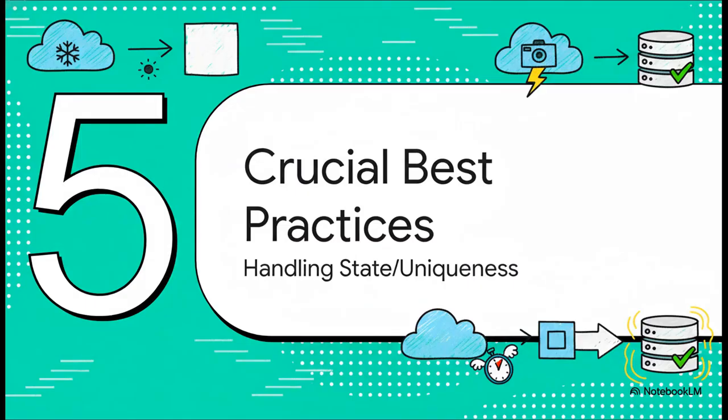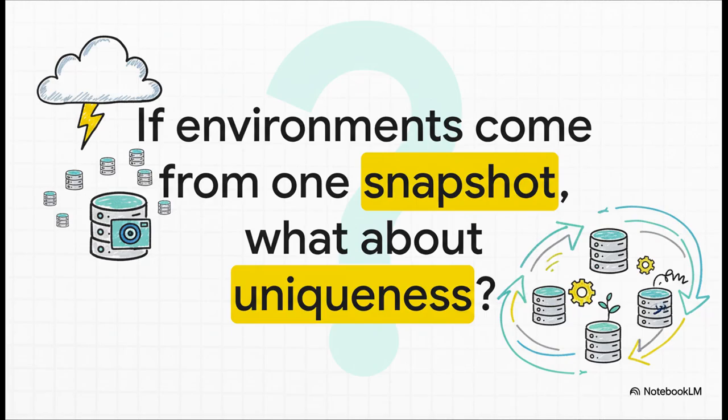Now, using SnapStart is simple, but the way it works, with this whole snapshot and resume thing, it introduces a new way of thinking, a critical consideration that you absolutely 100% have to think about in your code. This is the big question, the one you have to ask. If every single new environment is just a clone of that original one, what happens to stuff that's supposed to be unique?